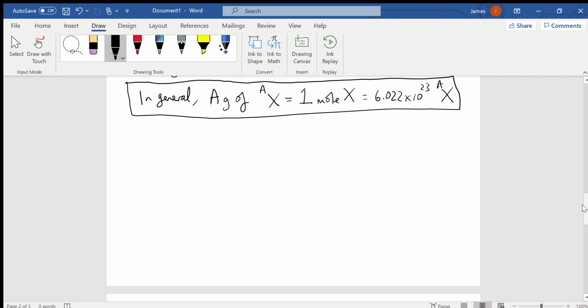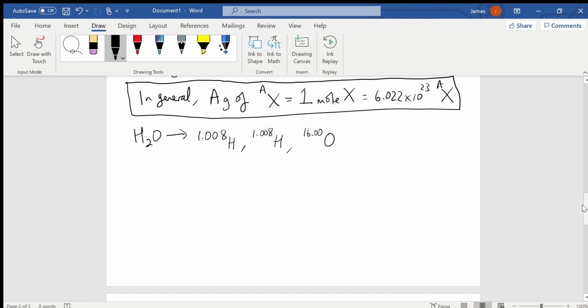What about molecules? So take, for example, water. Well, water is a mixture of, let's say, 1.008 H, 1.008 H, and 16 O, right?